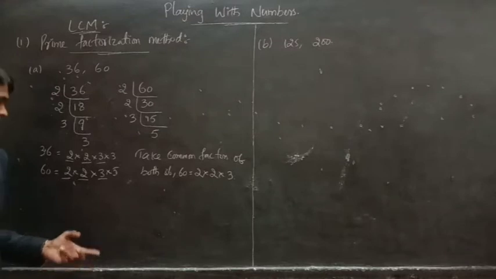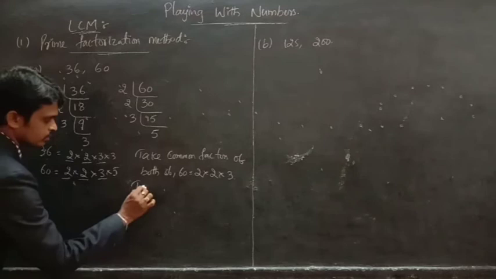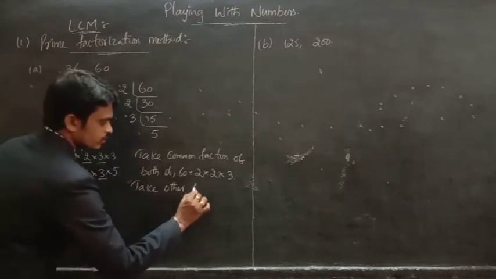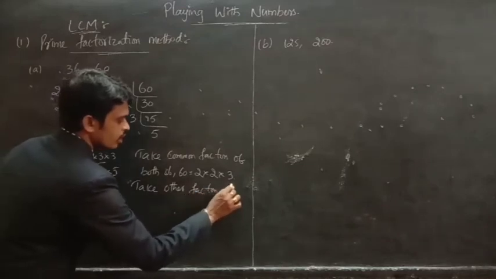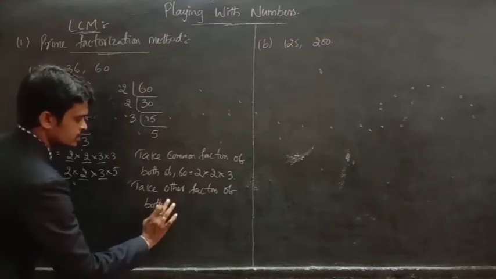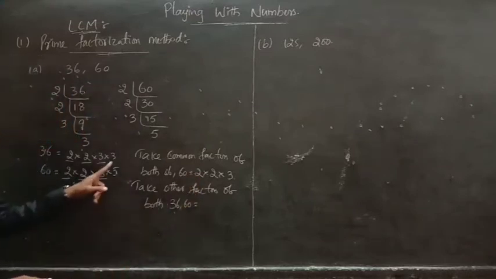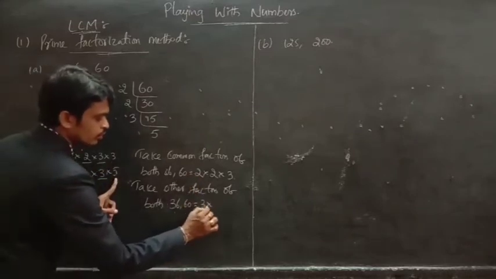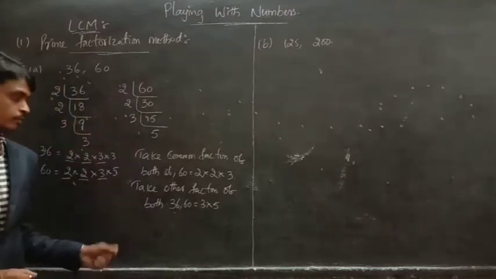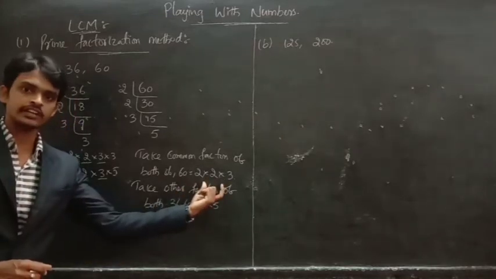And next, take the other remaining factors of both numbers. For 36 and 60, they are 3 and 5. Now we can find the LCM by taking the product of the common prime factors as well as the extra factors of both numbers.